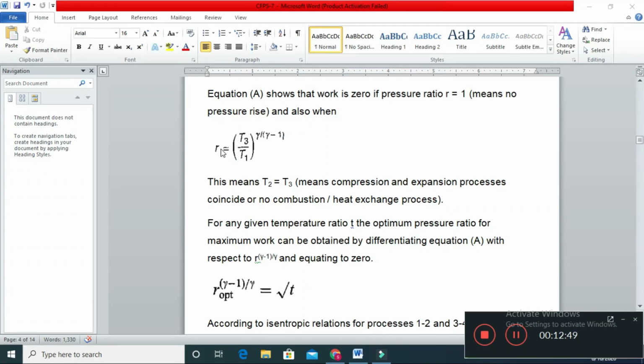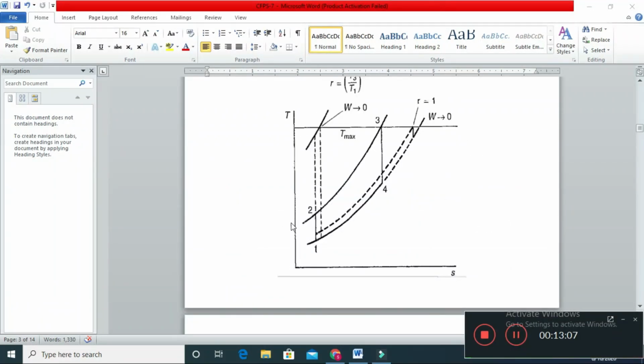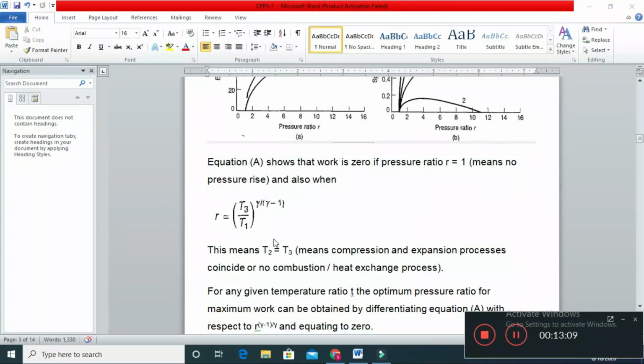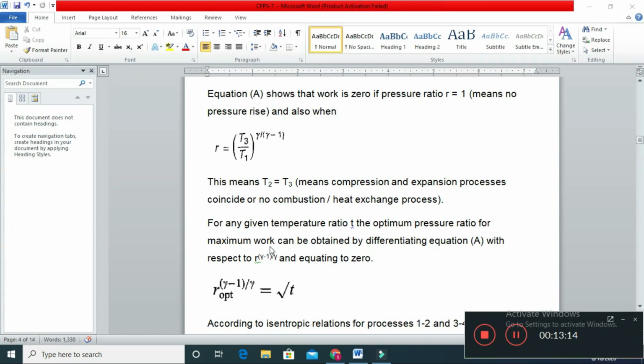The pressure ratio is basically P2 over P1, and P2 over P1 is (T2 over T1) to the power gamma divided by gamma minus 1. But when T2 and T3 are the same, the net work obtained will be close to 0.